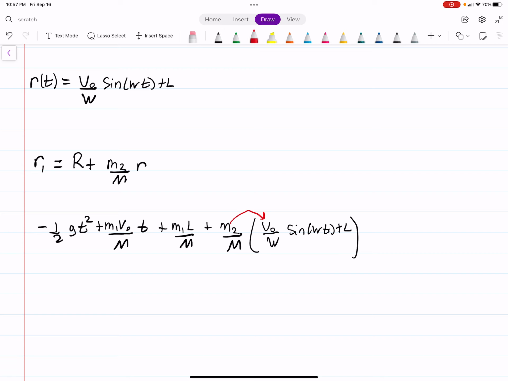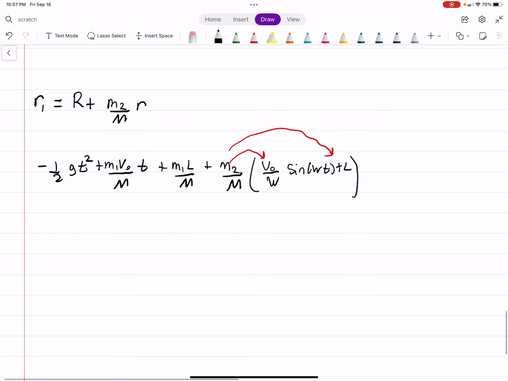And you can distribute, and what you'll have is minus 1/2 g t squared plus m1 v naught over big M t.